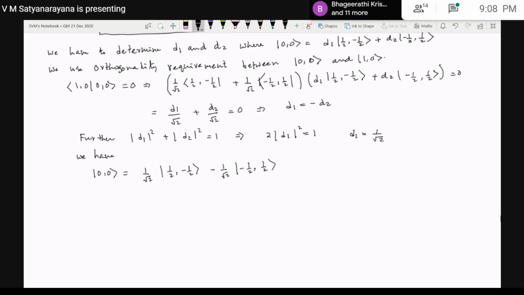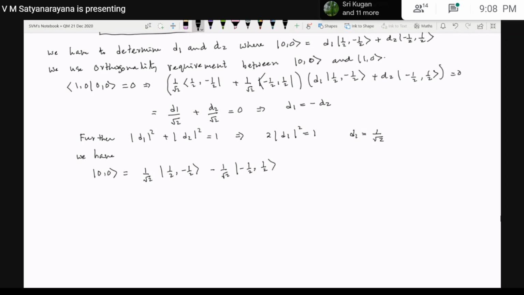Okay, so now you can see that we have 4 basis states in the J, capital M basis, and each of these basis states is expressed in terms of the M1, M2 basis, and these are the coefficients that we have determined.